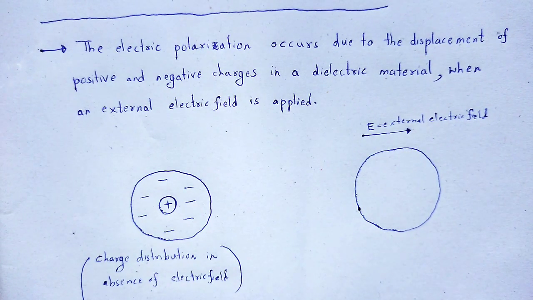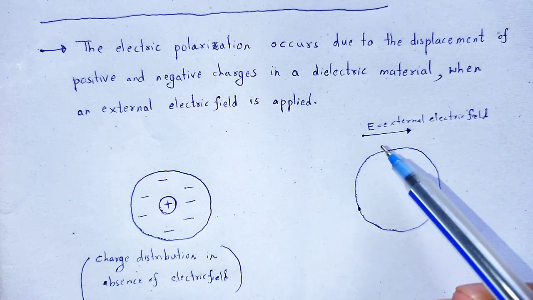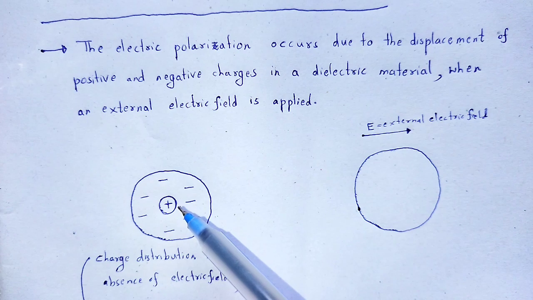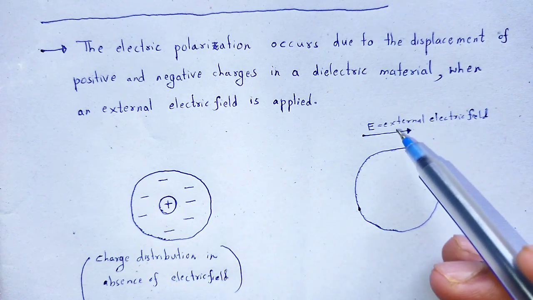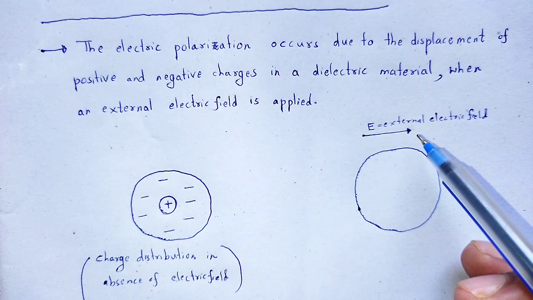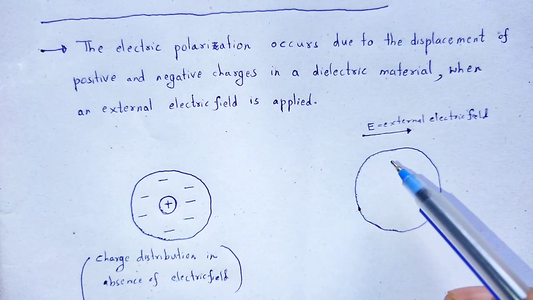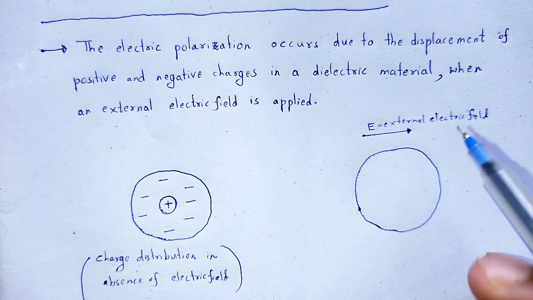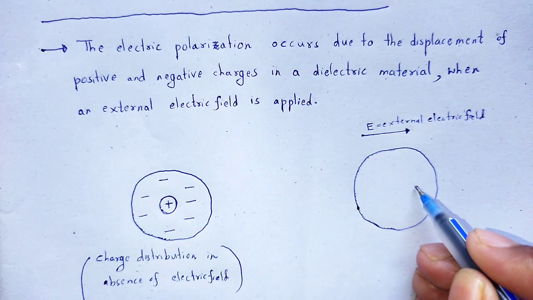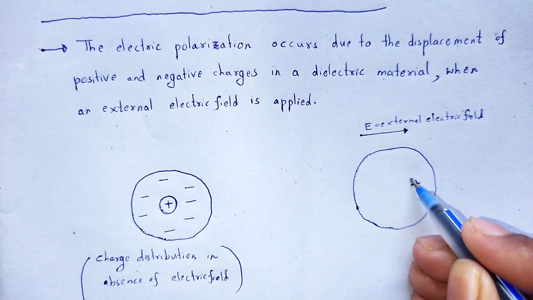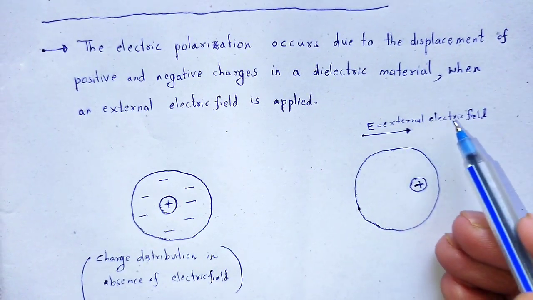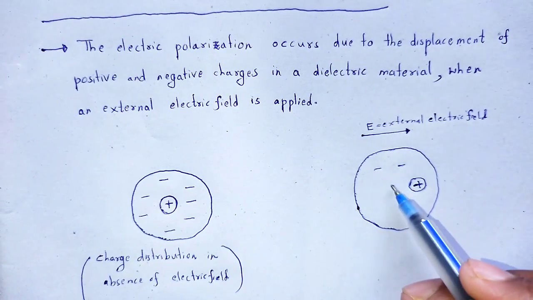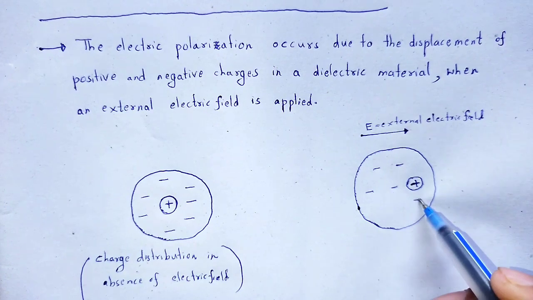Therefore, the direction of positive charge is the same as the direction of the external electric field, and the direction of negative charges is just opposite to the direction of the external electric field. Therefore, positive charge is shifted to this position, along the direction of the electric field, and the negative charges are distributed like this.